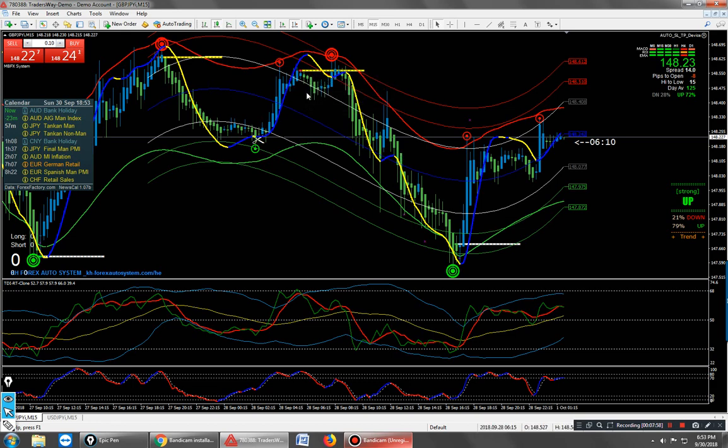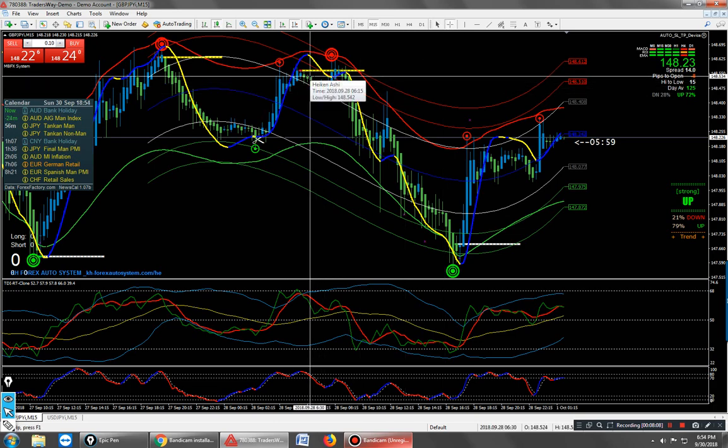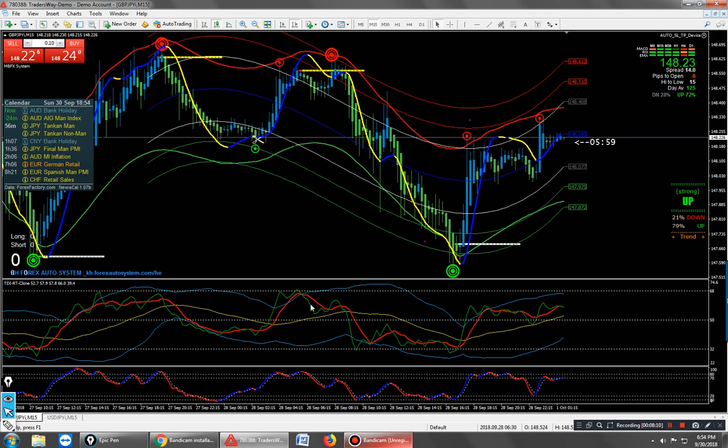Okay. In addition to all that, right here, I also look at the TDI indicator. Now, the main thing that I'm looking at with the TDI indicator is, let's say you go straight down. The red and green lines are indicating price action. So with this, what you're looking for is, for sell signals, you want the green line to be below the red line.